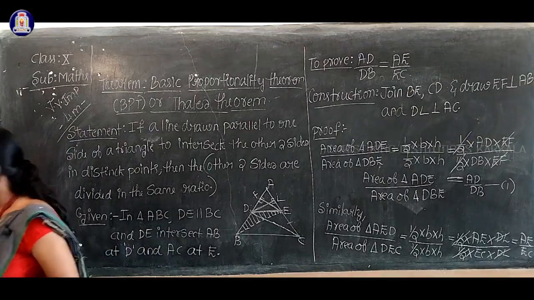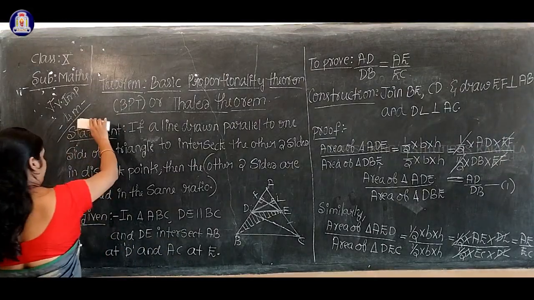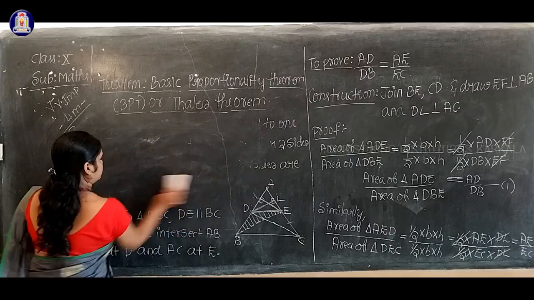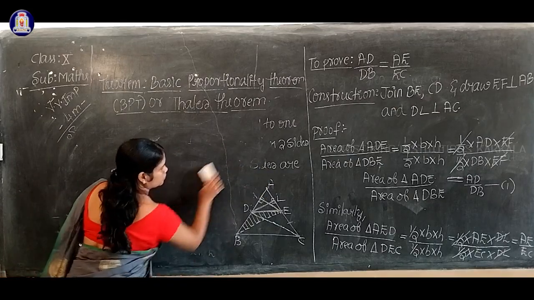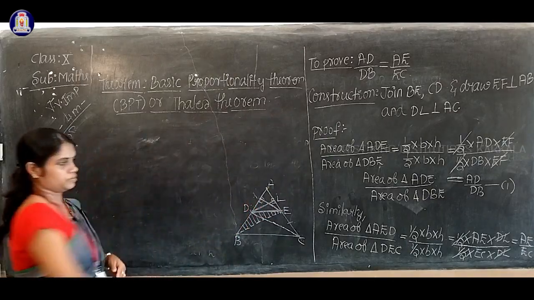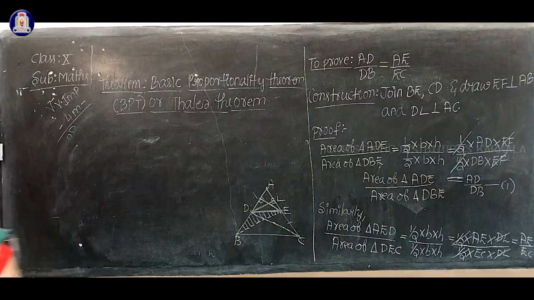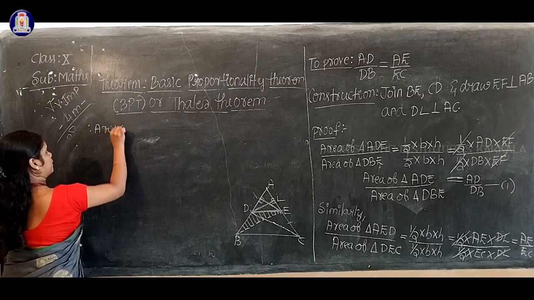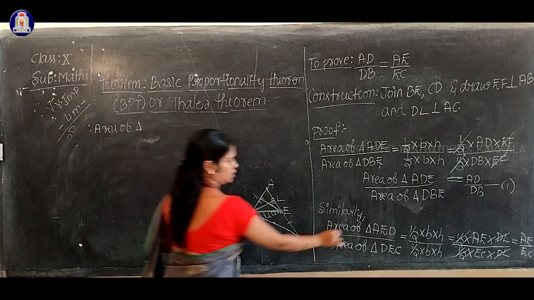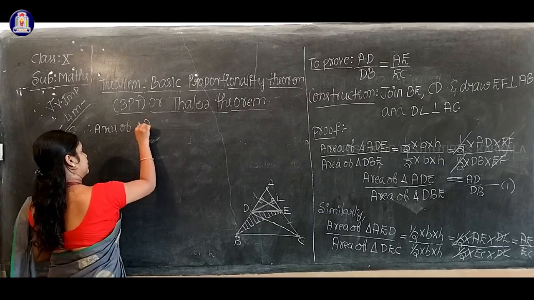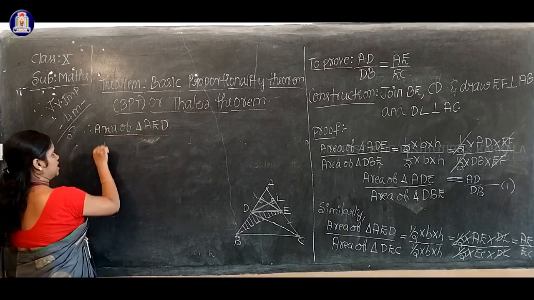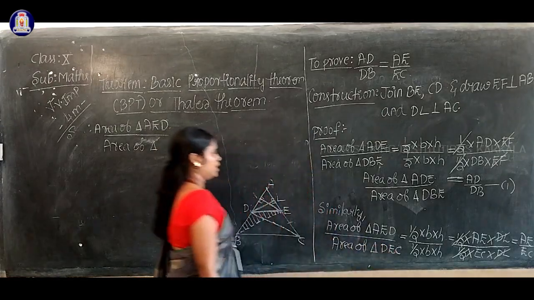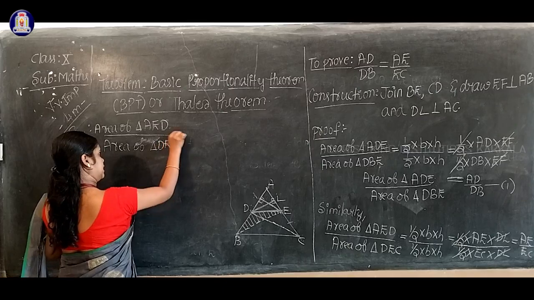So now, therefore you can say here, area of triangle AED by area of triangle DEC equal to how much?